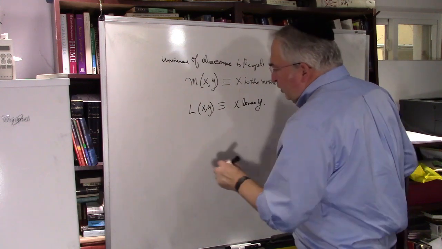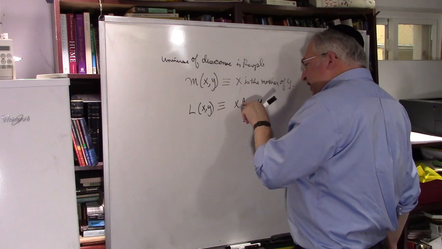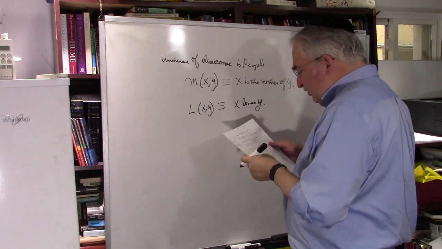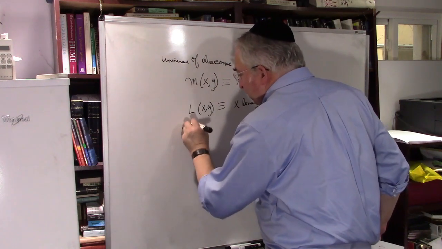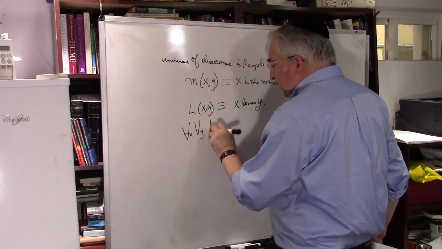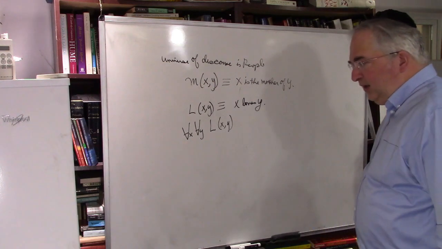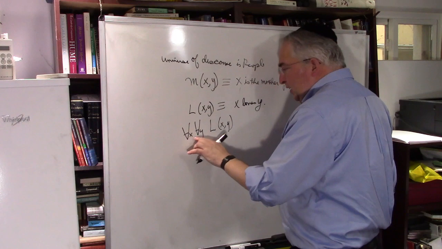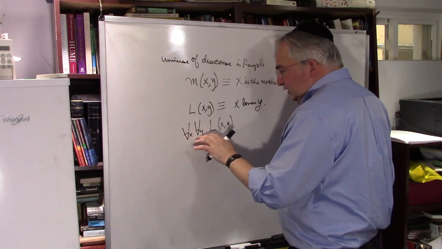So if x is a person, y is a person, and L(x, y) stands for x loves y, then what does for all x, for all y, L(x, y) stand for? The answer is, it means every person loves every other person.